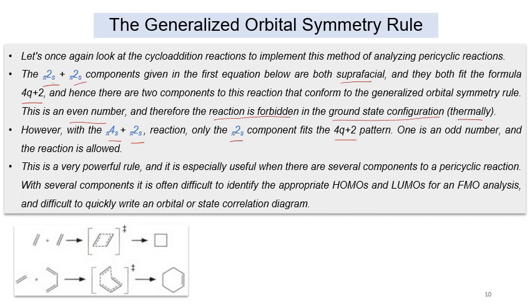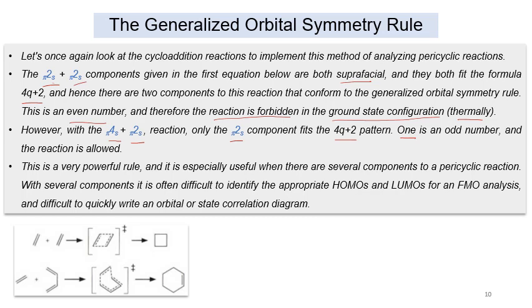Now, since we have only one component, 1 is an odd number. Therefore, this reaction is allowed in the ground state configuration, that is the thermal state. So in thermal conditions, the pi 4s plus pi 2s reaction will be an allowed reaction.